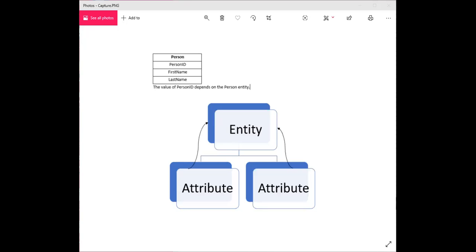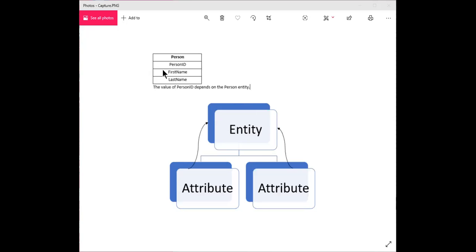Now, what we have here is the value of person ID depends on the person entity, okay? So the idea here is that attributes depend on the entity, as we can see here in this chart. And the entity is the table itself, and the attributes are the data members or the columns inside of those tables, okay?